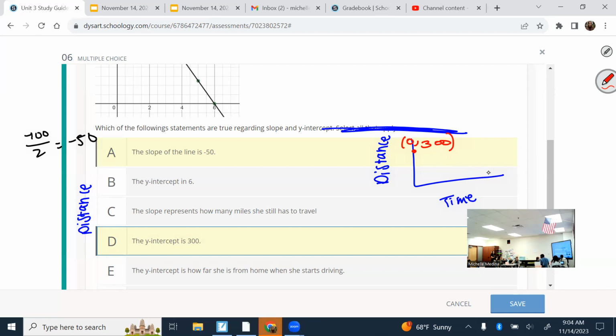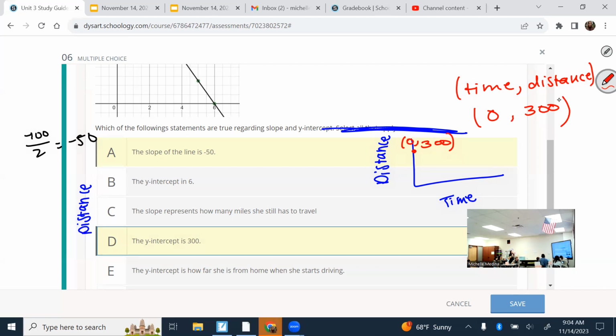Remember, x-axis was time. Y-axis is distance. So y-intercept is always when x is 0. So when it's 0 hours, she has 300 miles still to go from home, because that's what we said the y is.